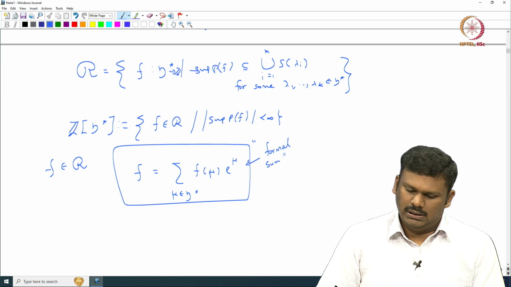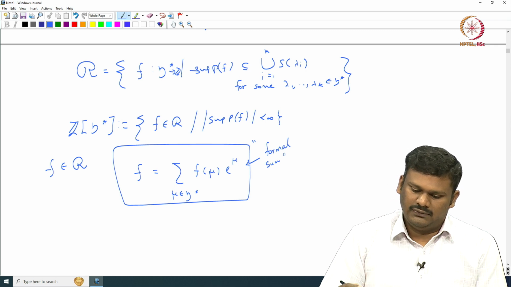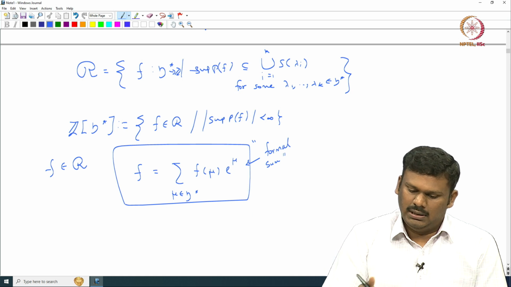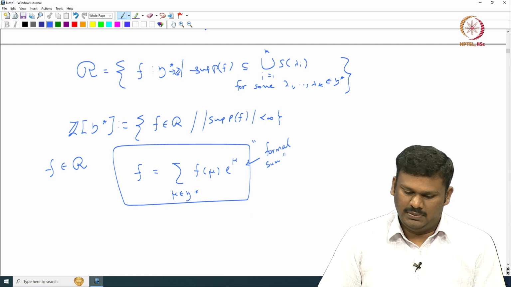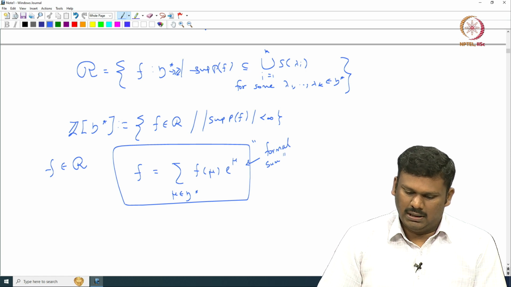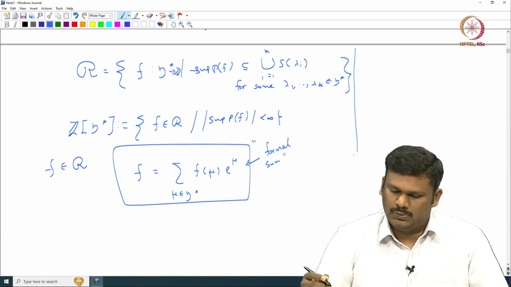So, now it is clear that if you write two elements of R in terms of these characteristic functions, then addition and multiplication are defined in terms of these exponentials.